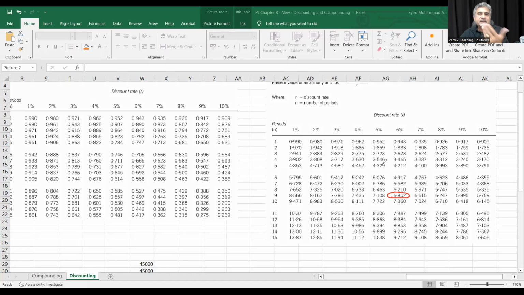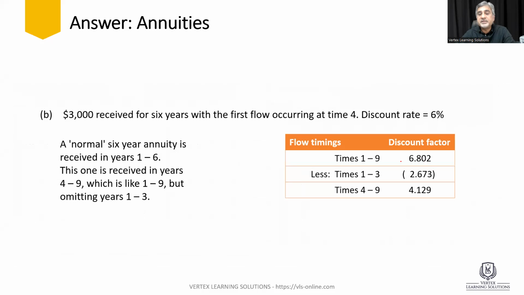So you subtract the total of 3 years from this total. So we come back here. You said that 6.802 is from year 1 till 9. From here, we subtract year 1, 2, 3, because we did not get anything in year 1, 2, 3. Our cash flow started from 4, 5, 6, 7, 8, 9. So we subtract the 3 years' factor, and 4.129 comes.